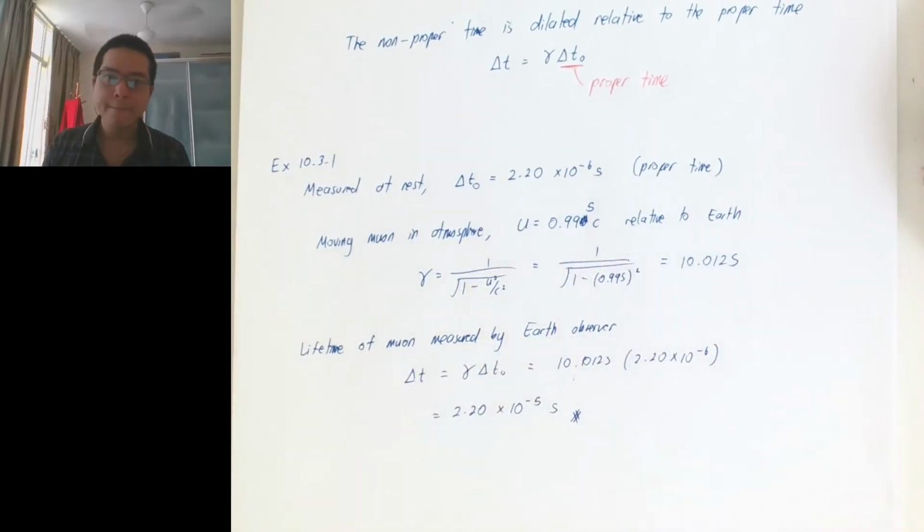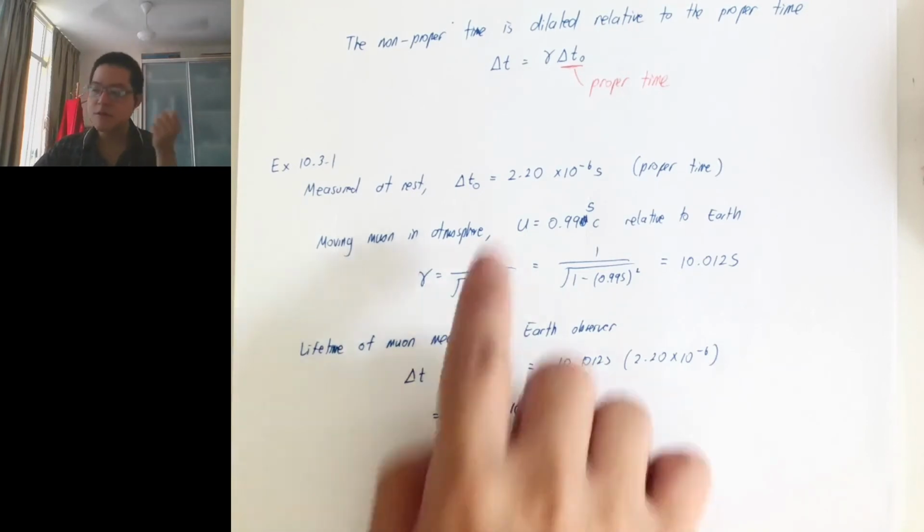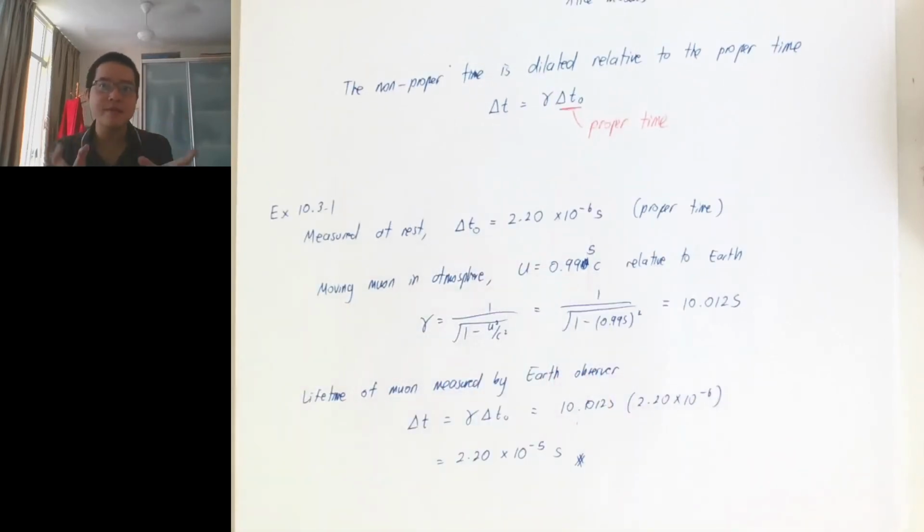This is an experiment that people have actually done before, and it is another confirmation of special relativity. Time dilation really does happen for fast moving particles. We know a muon lasts 2.2 microseconds, and people are very familiar with this experiment in the lab.